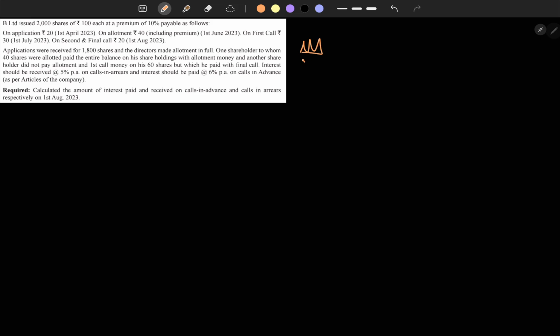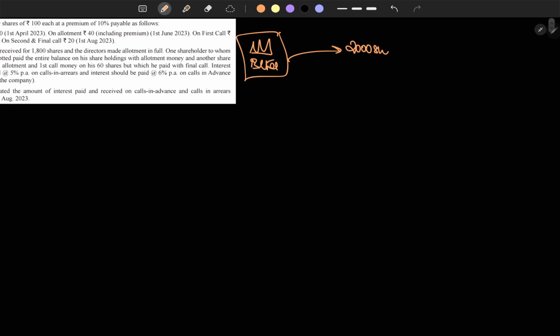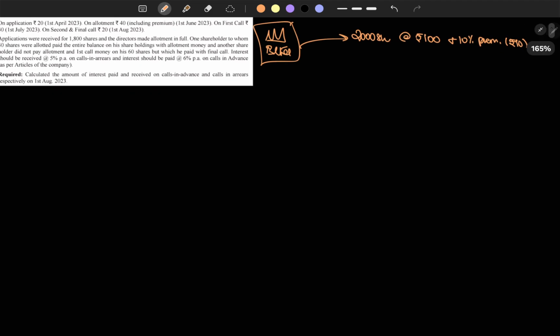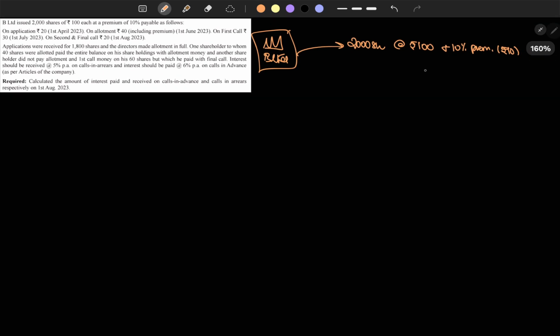There is a B Limited that issues 2000 shares at rupees 10 plus 10 percent premium, which is 10 rupees, on 1st April.